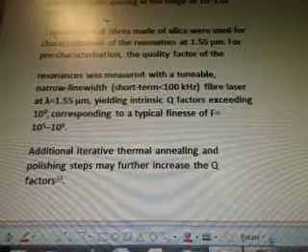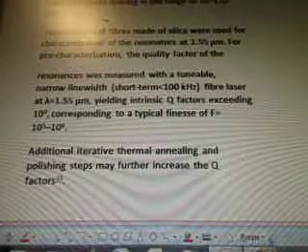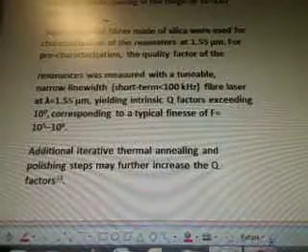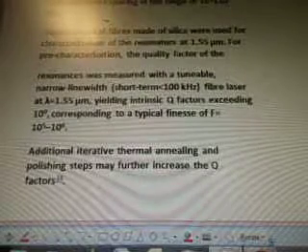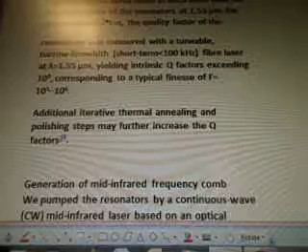For pre-characterization, the quality factor of the resonances was measured with a tunable narrow line width, short term less than 100 kilohertz, fiber laser at another calculation, yielding intrinsic Q factors exceeding 10 to the power 9, corresponding to a typical finesse of F equals 10 to the power 5 to 10 to the power 6. I think that's what it means.